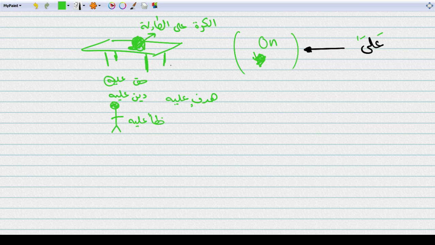Another way of using ala is when you say that someone is on board a plane, for example. You would say ala matn, or just ala. You can ignore matn. So you can say ala الطائرة, on board a plane, or ala matn الطائرة.